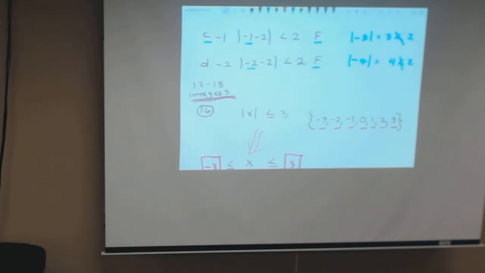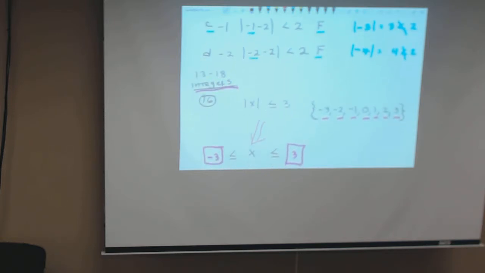Number 16. In problems 13 through 18, find the set of integers for which each sentence is true. The set of integers.